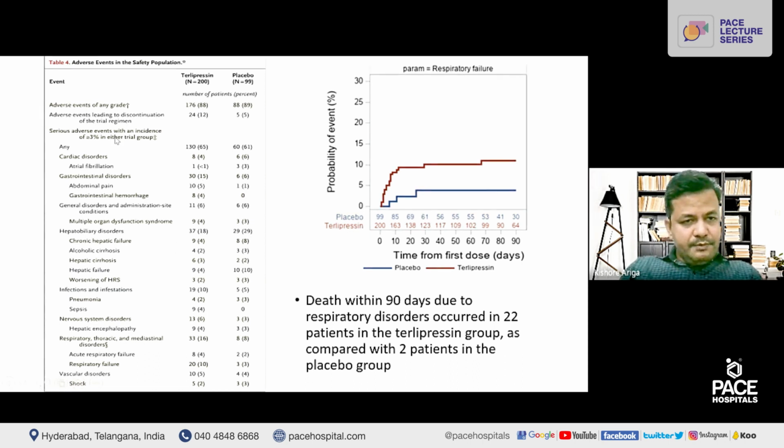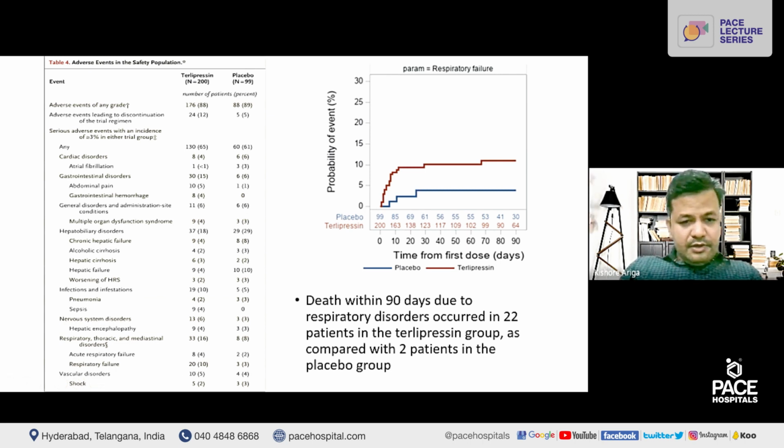Here we can see overall adverse events were similar between the two groups. But other side effects of importance to us, because recently we had a patient with cirrhosis on terlipressin with atrial fibrillation. It was seen in 1% of the patients in the terlipressin group, but it was seen in three patients in placebo. There can be more abdominal pain, and there is also increased risk of respiratory disorders in these patients.